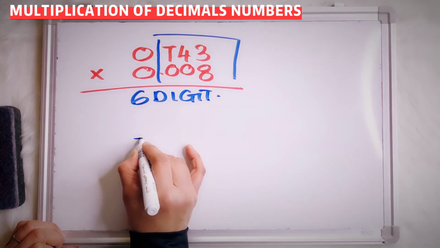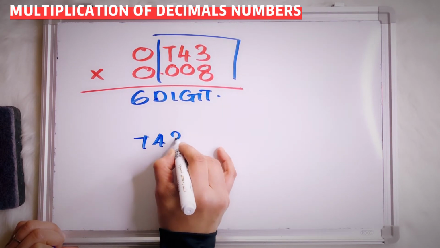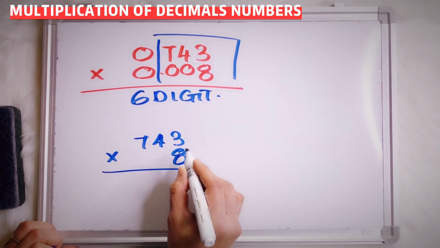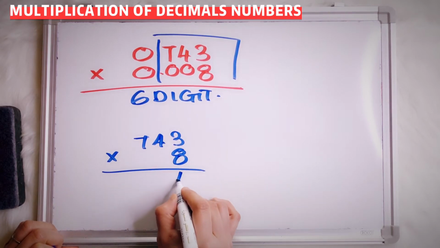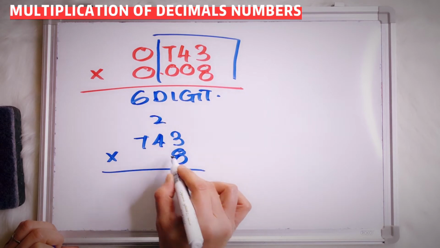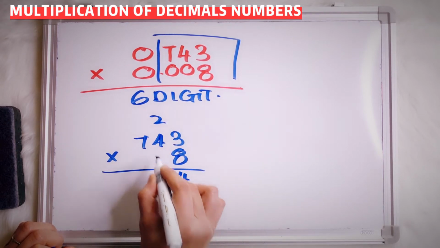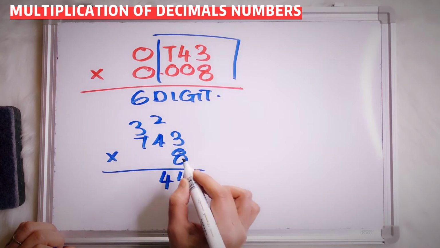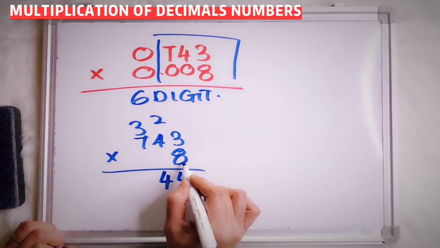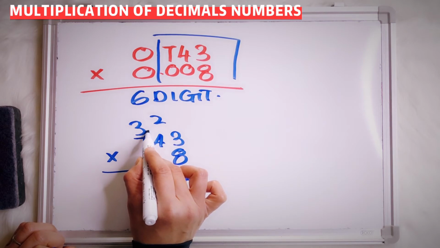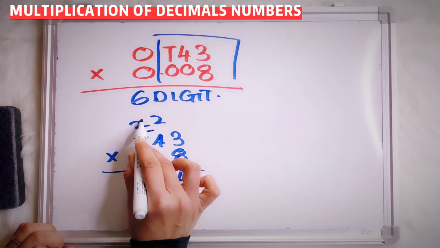So 743 you multiply with 8. 8 times 3, 24. 8 times 4, 32 plus 2, 34. 7 times 8, 56 plus 3, 59.